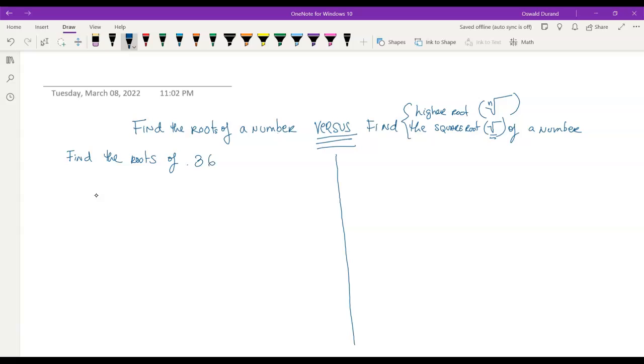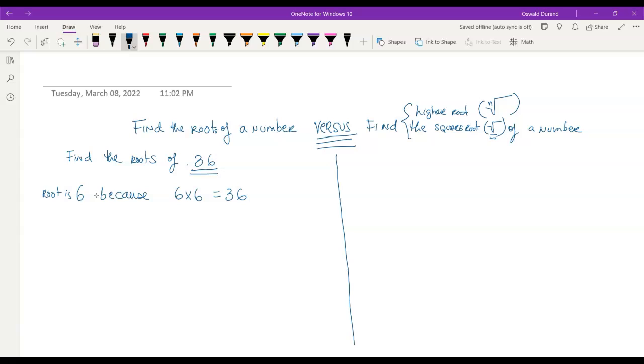When we talk about the roots, we talk about the product of two numbers that are the same that will be equal to 36. And the first thing that comes to mind would be, well, the root has to be 6. The root is 6 because 6 times 6 equals 36.